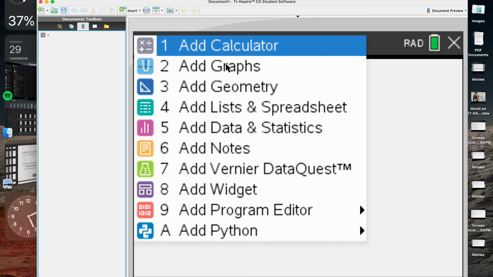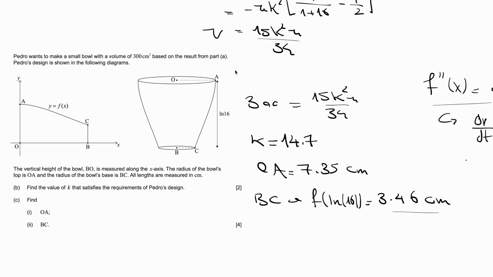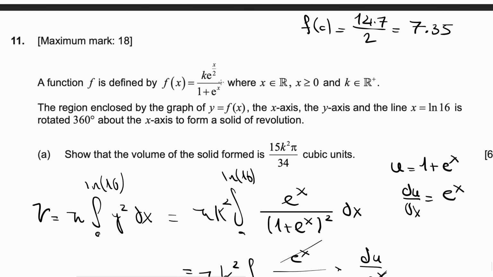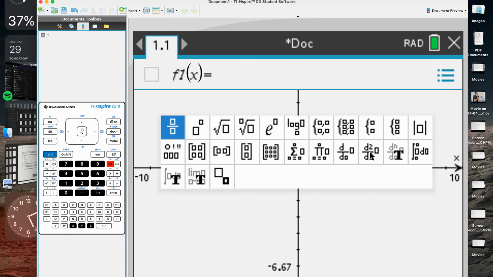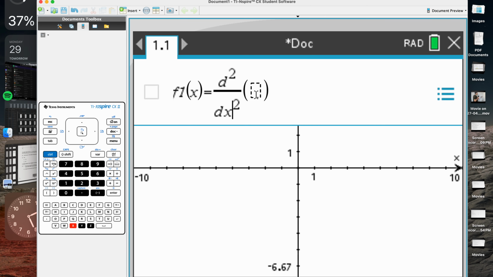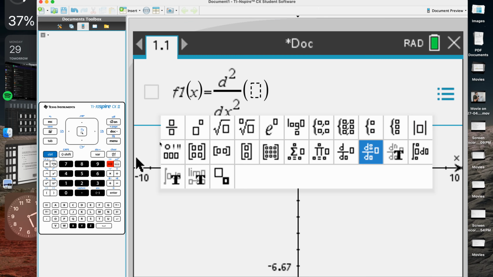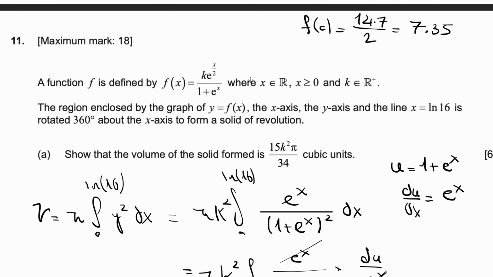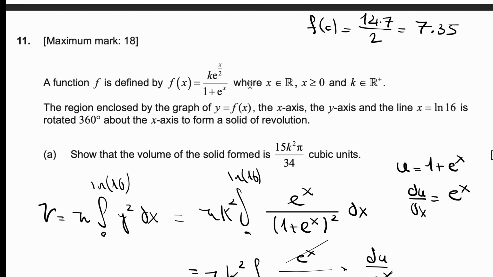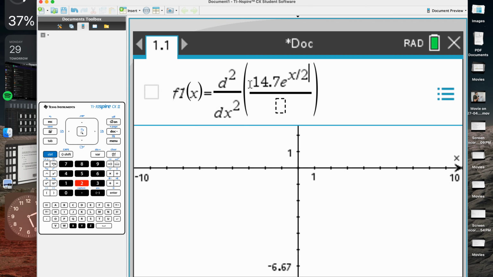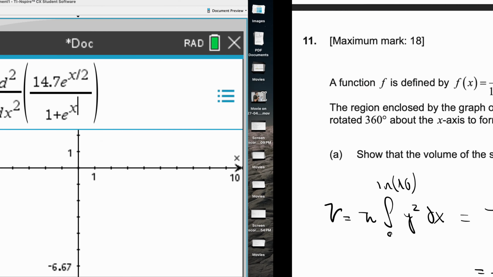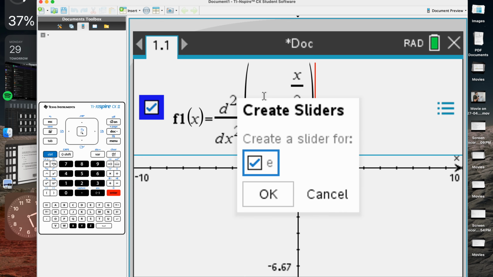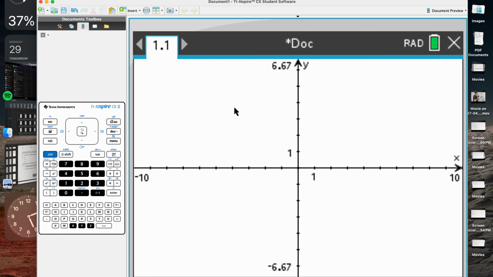Anyways, so let me add a graph. So we know that this is our function. We want to find its double derivative. So I'll add the fraction, and then we know k is 14.7 e to the power of x over 2, then 1 plus e to the power of x. That should be fine. Was it not?